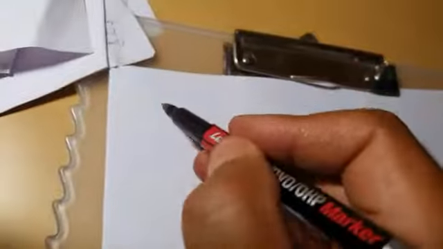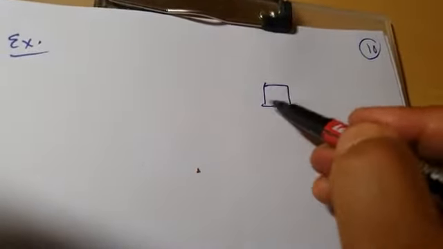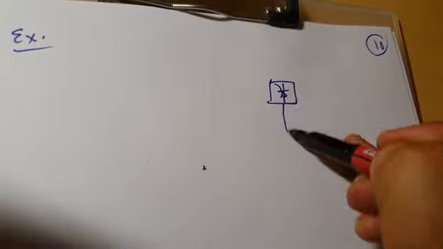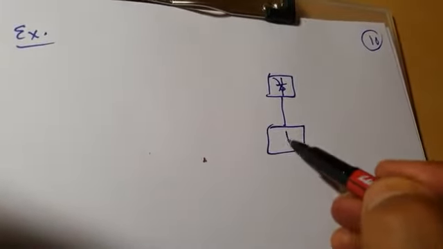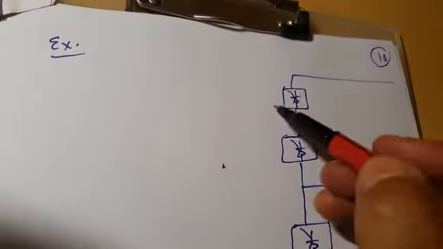Now let us try to design the filter for minimum cost. We will take an example. This is our, say, HVDC system. Let us suppose we have 4 bridges in series for high voltage operation. This is your bipolar HVDC link.